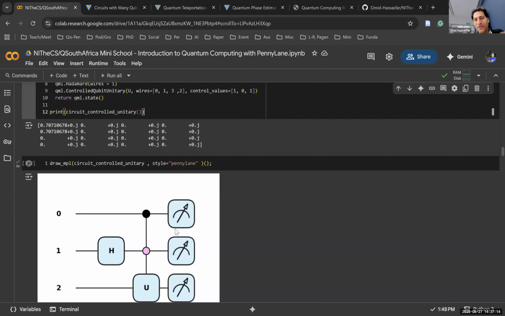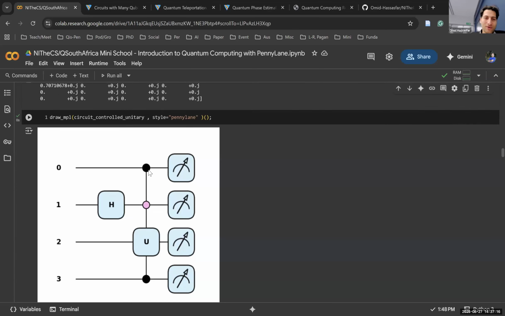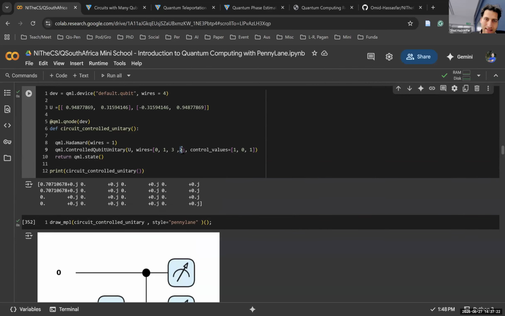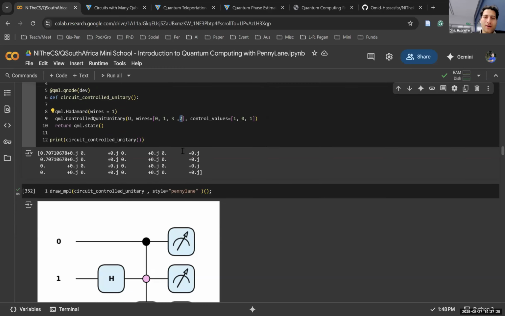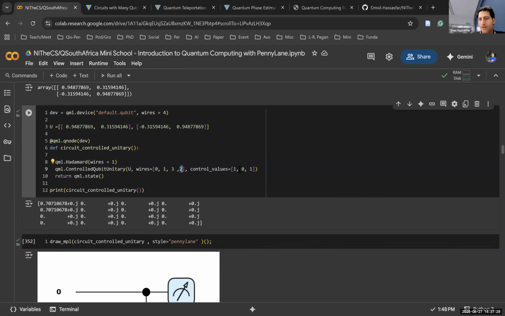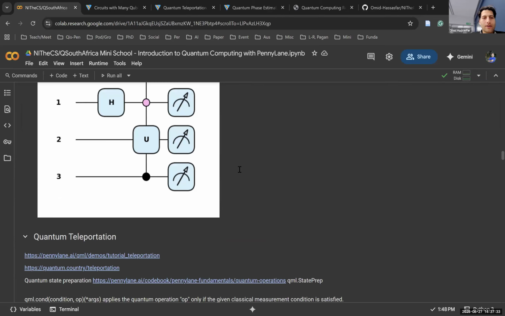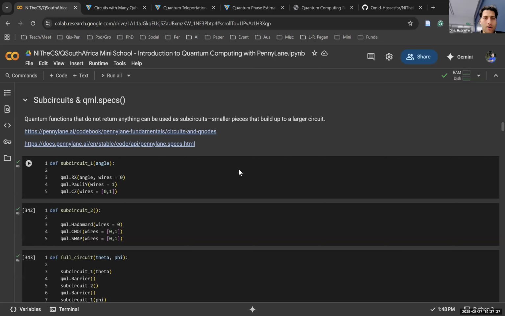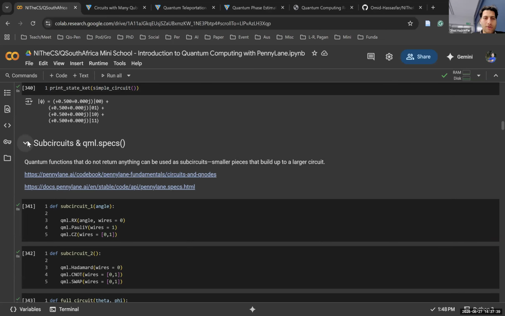The last argument here is your target, and the rest are the controls. And this is the control values. These are very nice tools that you have in PennyLane that you can use.